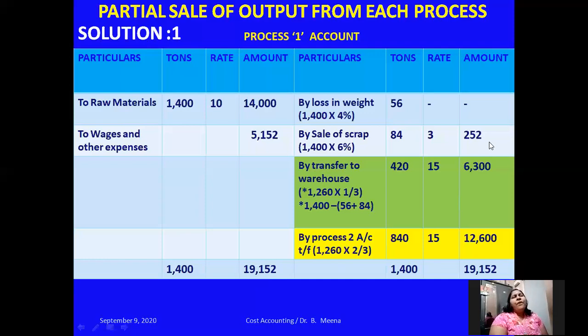So far I credited 252. So if you deduct 252, you will get one amount, and that amount is divided by 1260. I will show now how to work out that calculation.